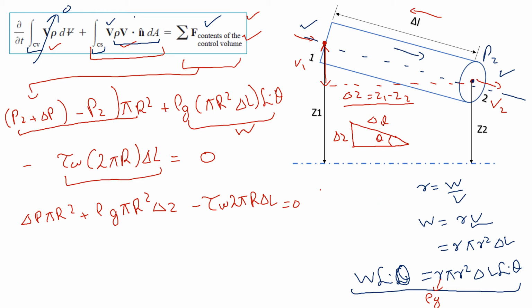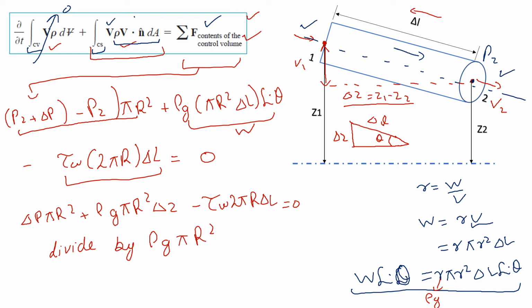So now this is our equation. To simplify it a bit more, we will divide this equation by rho g pi r square.